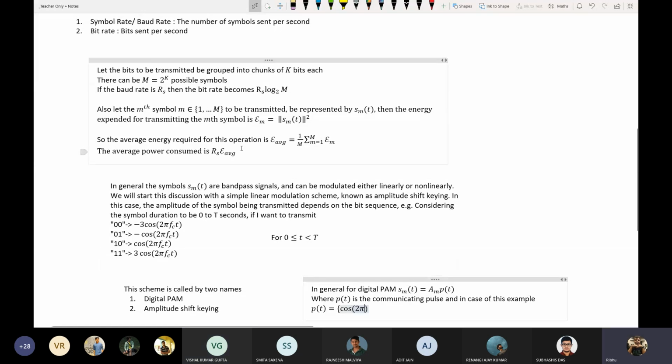Phase shift keying, yes, we will come to it, but this is not phase shift keying, because here the main component that is varying is the amplitude. But we are also using two different phases? So positive amplitude and negative amplitude, yes.